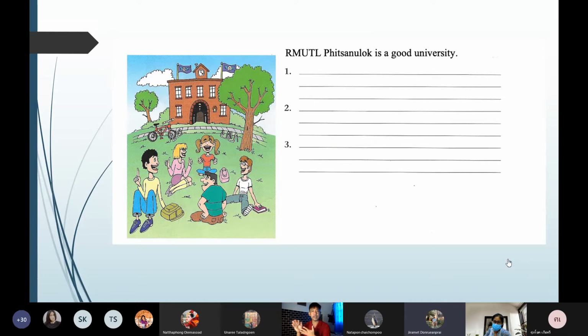Friendly has been spoken already. Can you make it another idea? What about the environment? What do you mean by environment? Is it cozy? Is the environment clean?